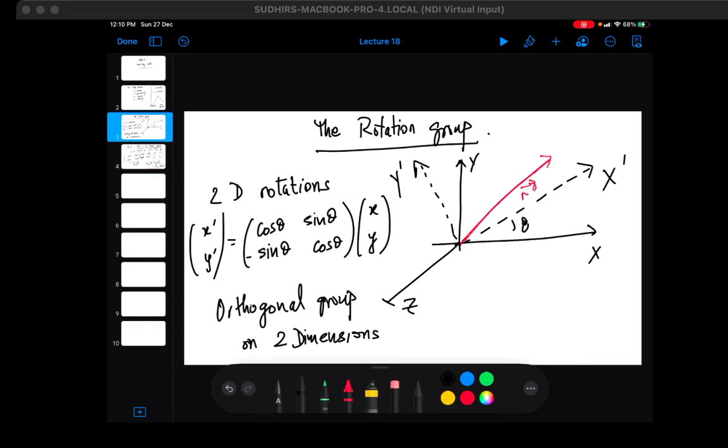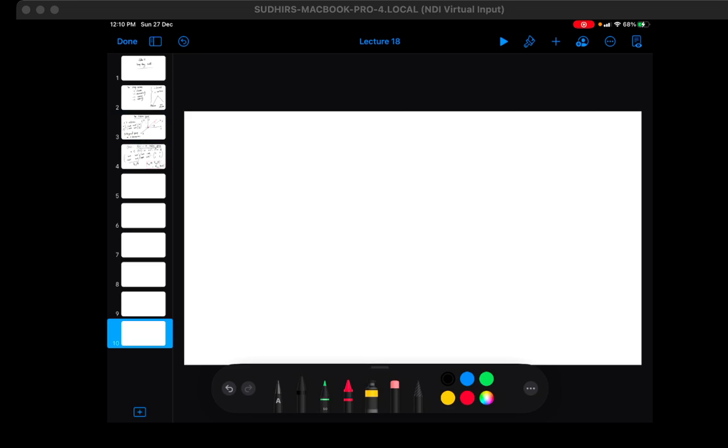In 3 dimensions, you must have studied this in your classical mechanics, but we'll just continue it here. Things become slightly complicated, because there are quite a few.